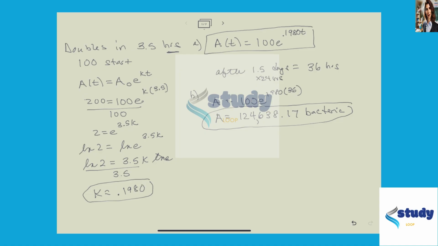Okay, the last thing I want to know is when will there be 500,000? So I'm going to set my function equal to 500,000. I'm going to start off by dividing both sides by 100. And I'm going to get 5,000.